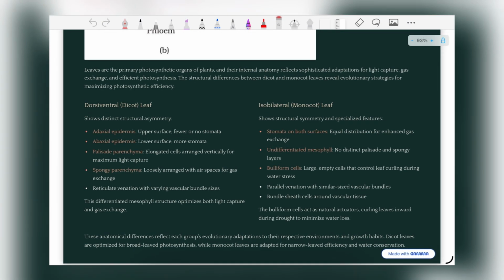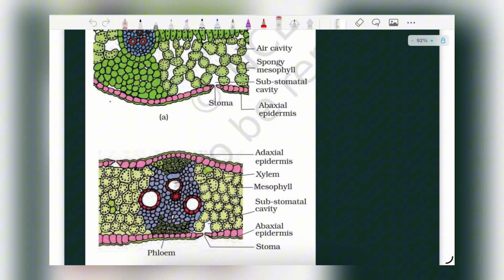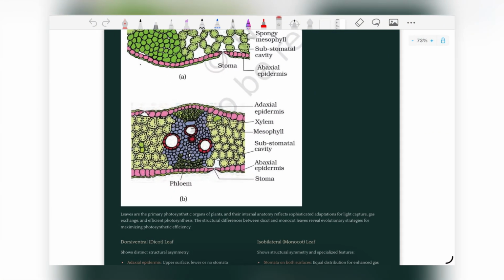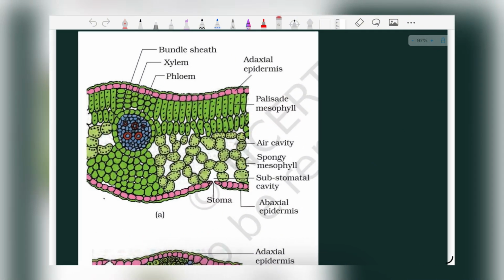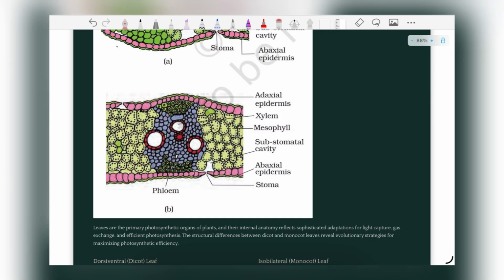Okay, from here, this is of dicot leaf, and this is of monocot leaf.